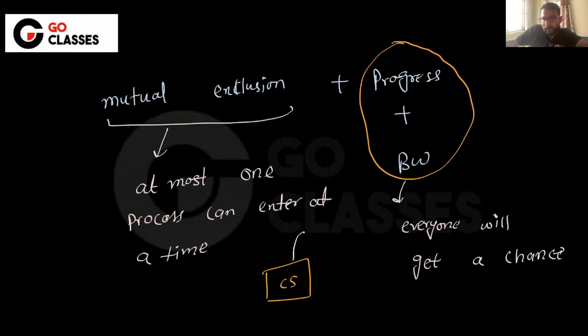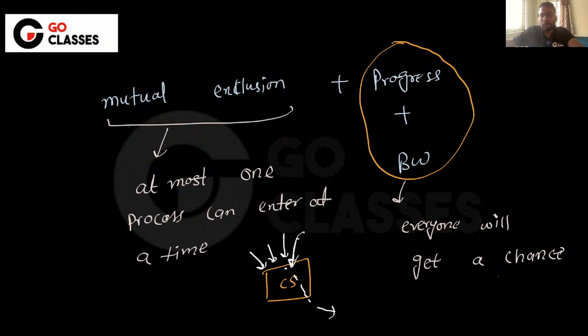If multiple processes are trying for the critical section, then only one process will get through it. And it's not that just one process can keep on coming in while the others wait forever, because I do have these two conditions also. It means that everyone will get a chance. Currently, suppose one is getting a chance, but it doesn't mean that the others will not get a chance, right? So that's why these three conditions are very nice.